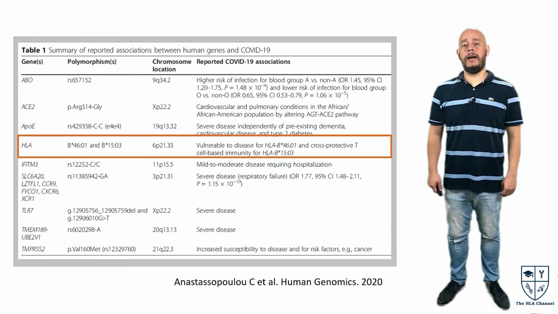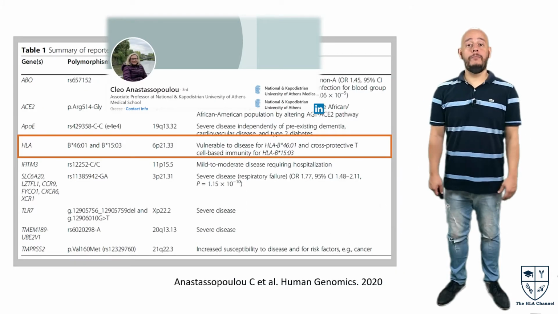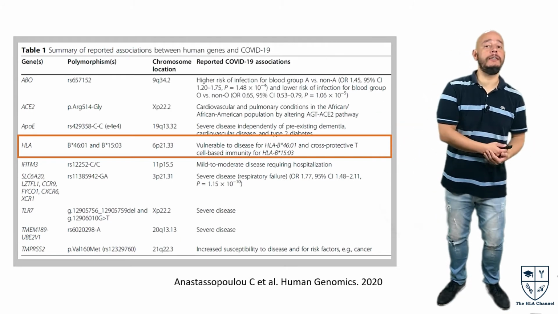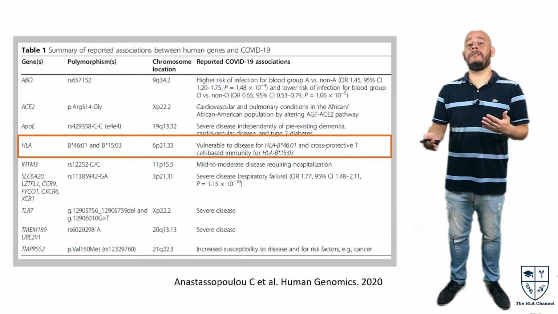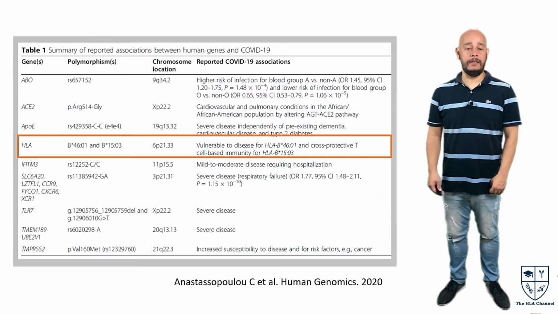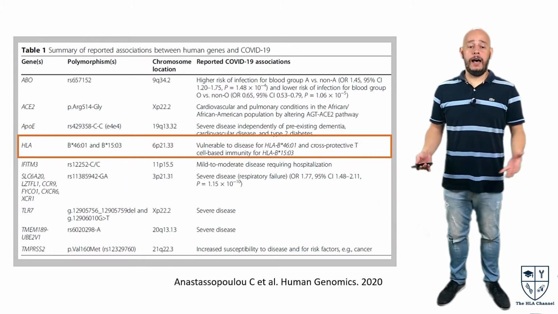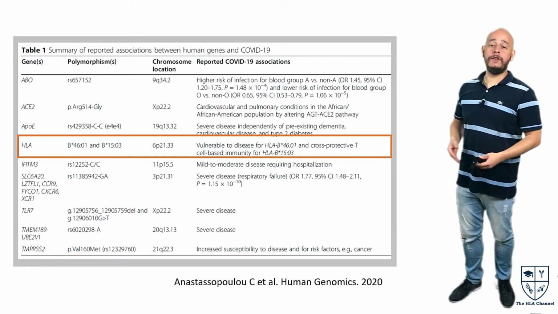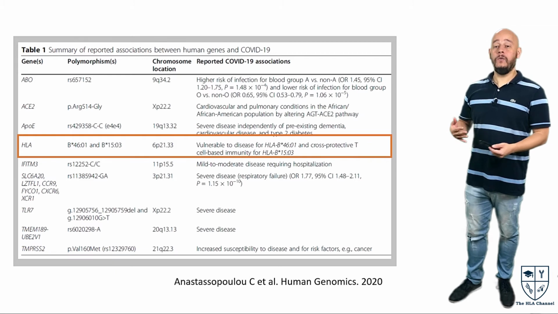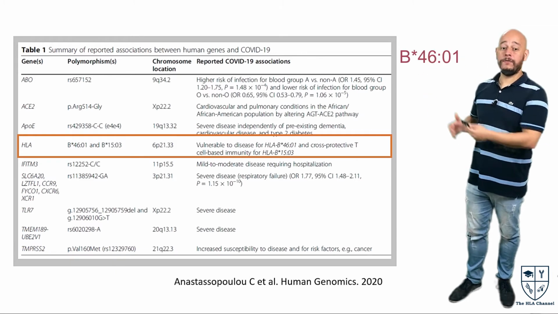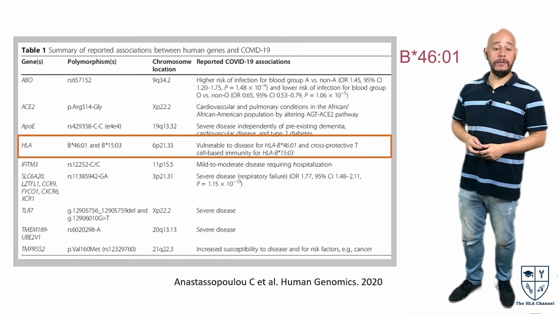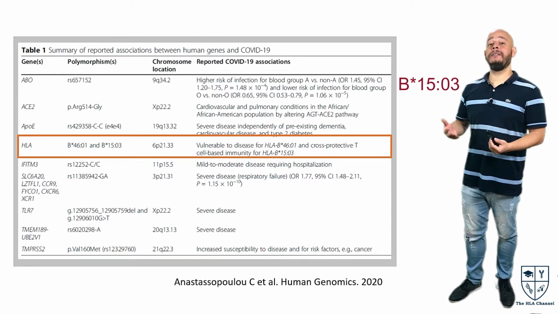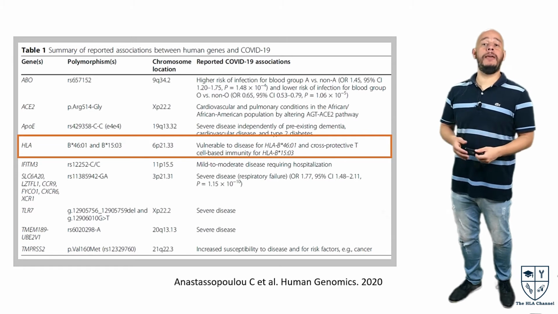In this paper, Anastasopoulou presented a summary of reported associations between human genes and differing severity of COVID-19. We have here a lot of genetic factors related to COVID-19, and we can see B*4601 and B*1503 conferring cross-protective T-cell based immunity.